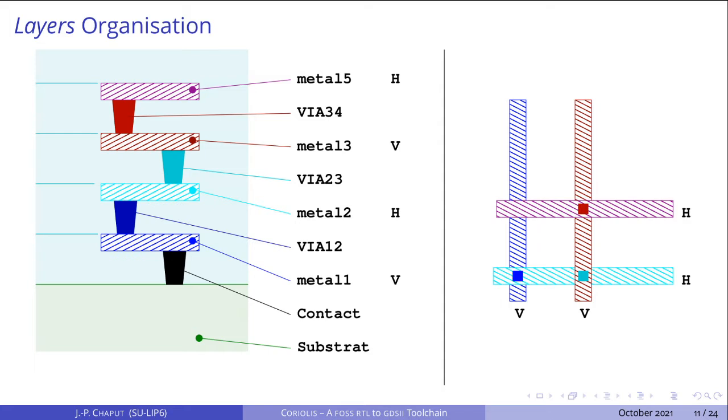There are also cuts between the metal layers. The first one is called a contact, meaning that a contact is a cut between the substrate in green and the first metal layer, the metal 1. Other cuts, like this one, and this one, and this one, are in fact vias. A via connects two metal layers.